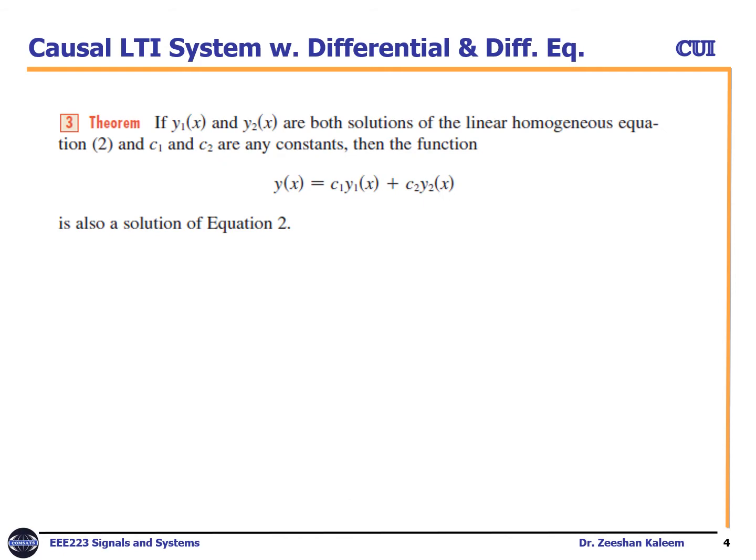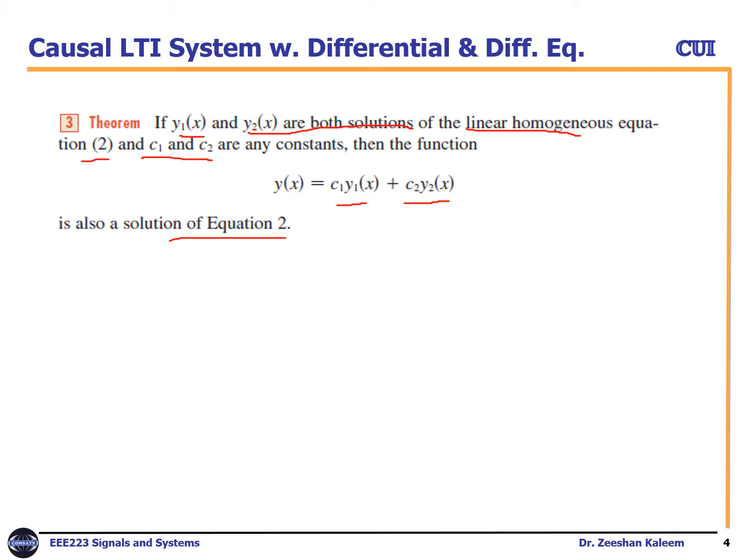To find the solution of this homogeneous equation: if y1 of x and y2 of x are both solutions of the linear homogeneous equation, as we discussed in the previous slide, and c1 and c2 are any constants, then the function y of x equals c1 y1 of x plus c2 y2 of x is a solution of equation 2.